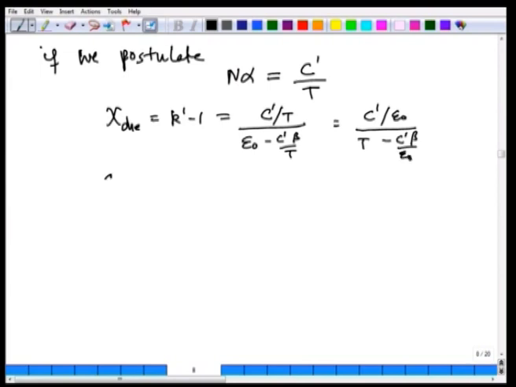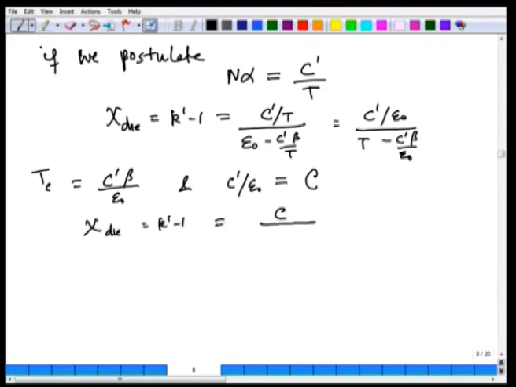And if we define C prime beta by epsilon naught as some temperature Tc, and C prime by epsilon naught as another constant, let us give it a name C, then I will write the dielectric susceptibility, or dielectric constant, as C divided by T minus Tc, which is the well known Curie-Weiss law.